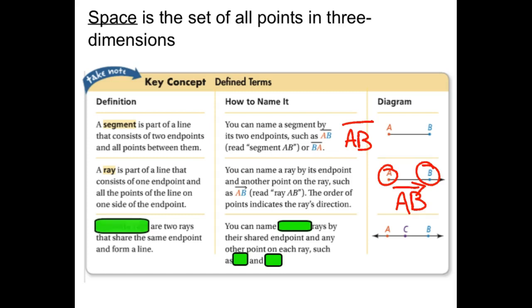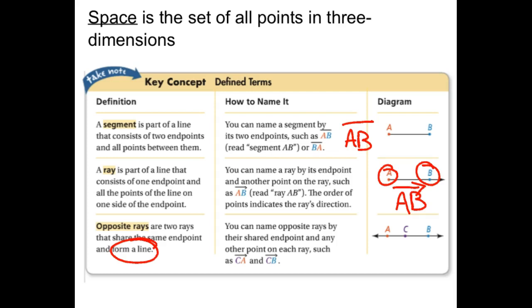Now our next concept is about rays, opposite rays. Opposite rays are 2 rays that share the same endpoint and they form a line. You can name opposite rays by their shared endpoint and any other point on each ray, such as ray CA and ray CB. So the important thing about opposite rays is that they make a line. So you have 2 rays here.